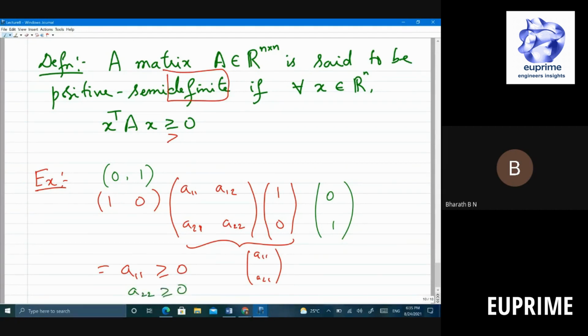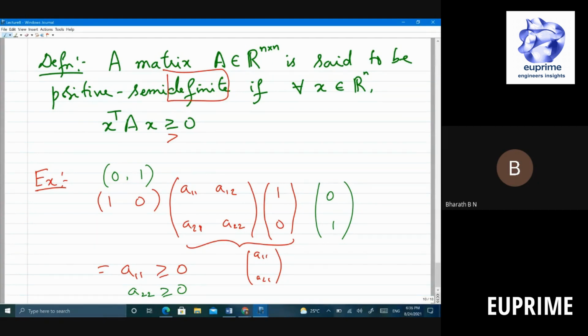If I take an n cross n matrix, how do you generalize? I can take 1 0 0 0, 0 1 0 0, 0 0 1 0, and so on. If I multiply, what do I get? All the diagonal elements should be non-negative. That is one of the characteristics of a positive semi-definite matrix. Suppose I give you a matrix. Now you know how to at least rule out.